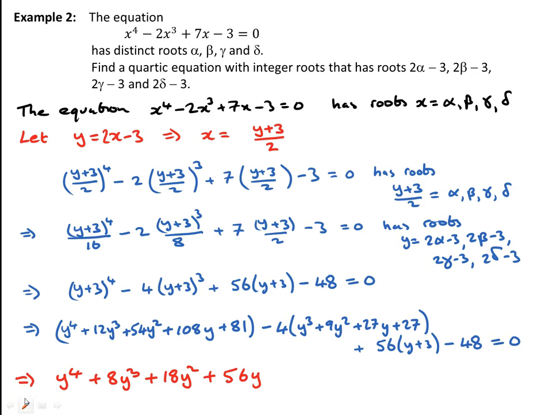And finally, we've got 81, take away 108, which gives me minus 27, plus 3 times 56, which is 168, take away 48, which leaves me with 93 equals 0. So we've got y to the 4 plus 8y cubed plus 18y squared plus 56y plus 93 equals 0 is the equation which has roots of 2 alpha minus 3, 2 beta minus 3, 2 gamma minus 3 and 2 delta minus 3.